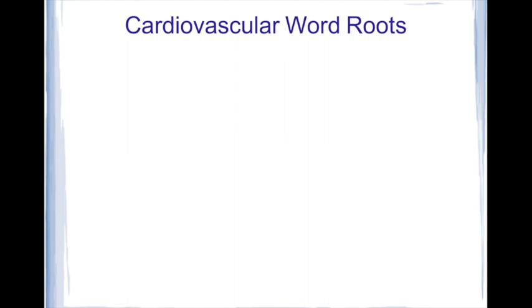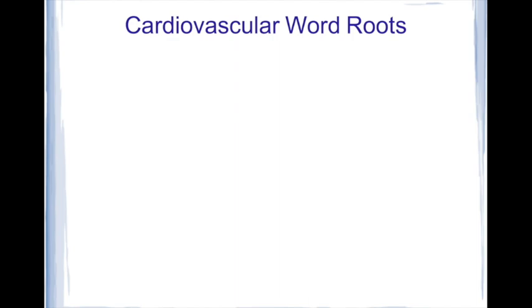Okay, so medical terminology has roots in Latin and Greek, and a lot of structures in the body have multiple different terms for them, different names, if you will: word roots, prefixes, and suffixes as well. That's because they originated in two different languages.